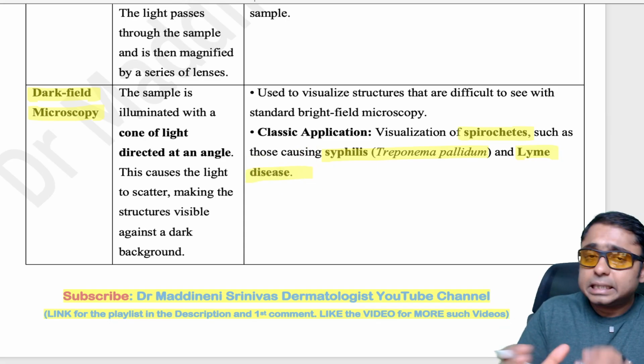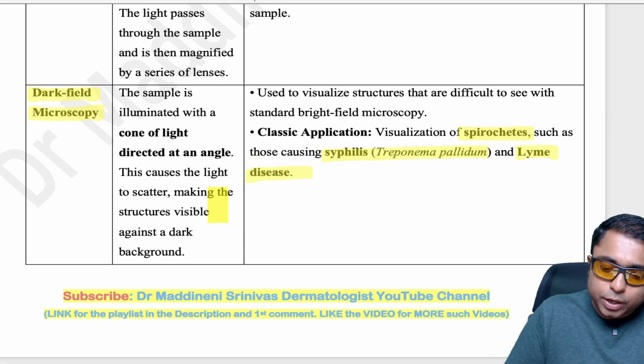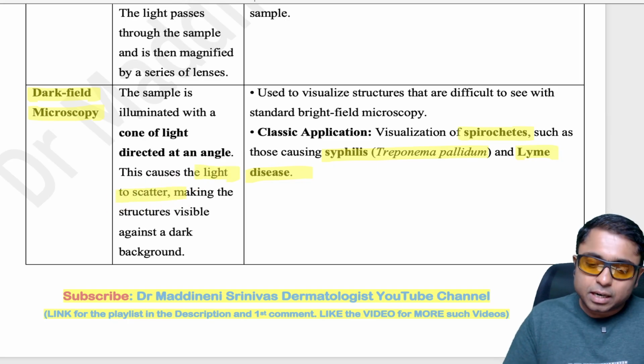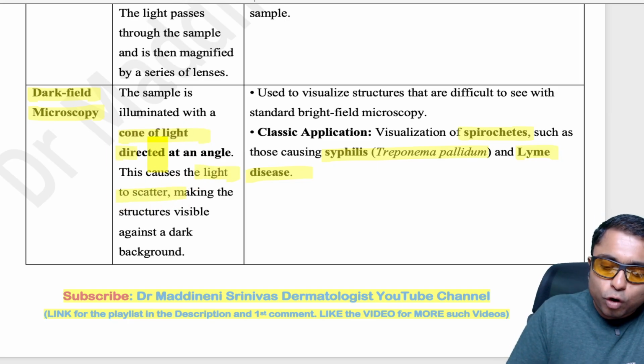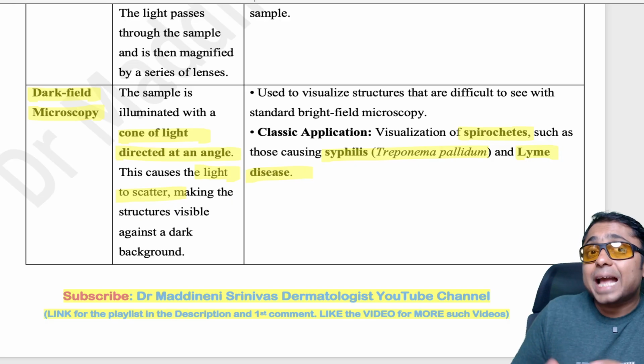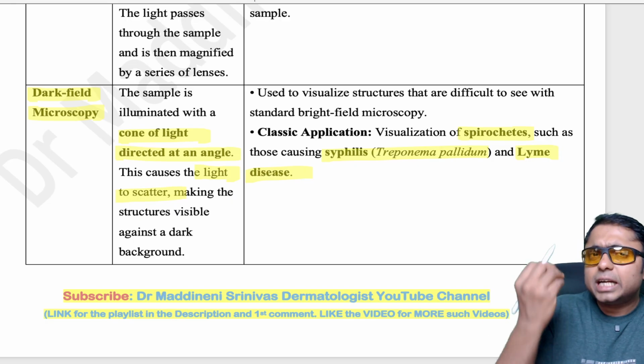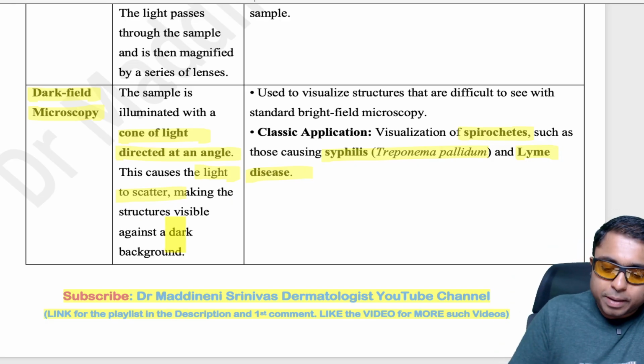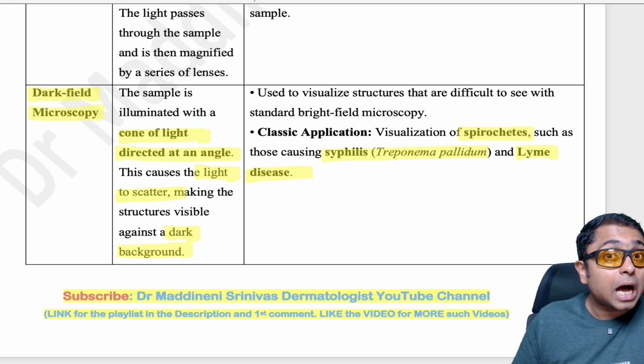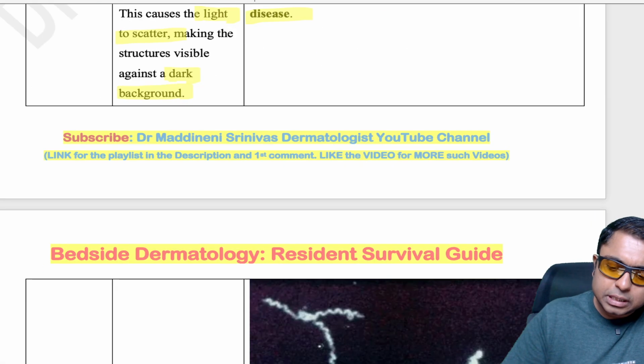So basically in this dark field microscope, the light is going to be scattered with the help of a cone of light, which is directed at a specific angle, because of which ultimately there is going to be formation of a very interesting dark background. So this is very interesting.